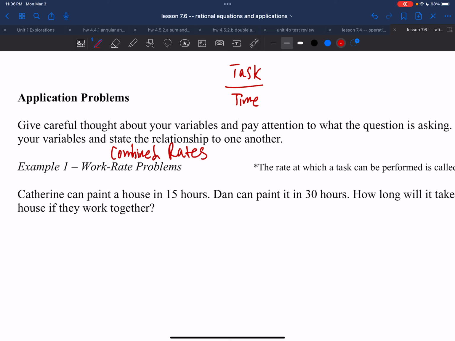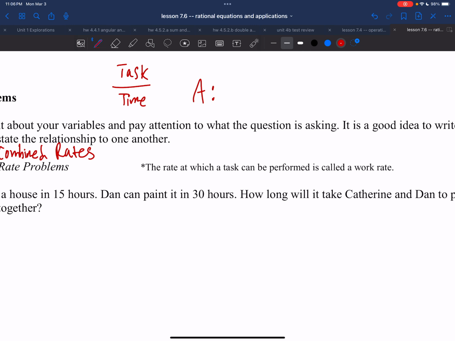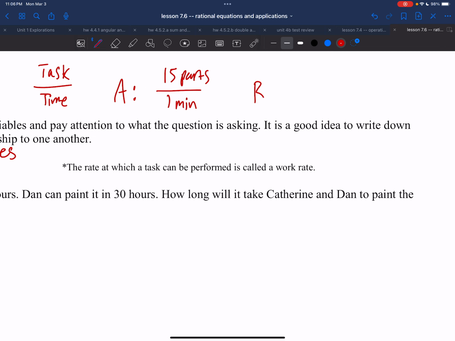So for example, machine A can produce 15 parts in 1 minute, but machine B can produce 10 parts in 1 minute. Then the question might be, how long would it take them to produce 60 parts if both machines are working?